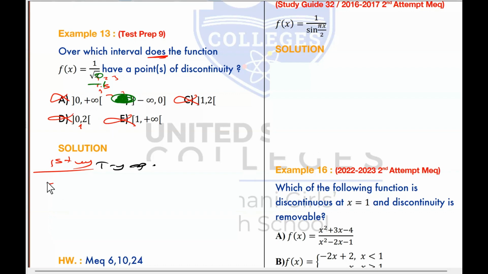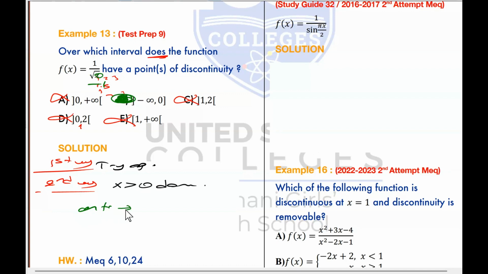Right? If you use the second way, you find the domain first. So x is greater than 0 is the domain. It's a square root. Normally it's x greater than or equal to 0, but since x is in the denominator, 0 is not included. So what about anti-domain?